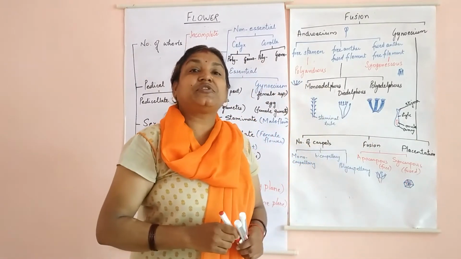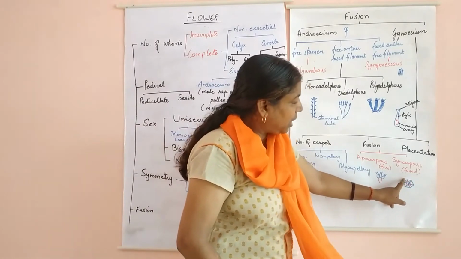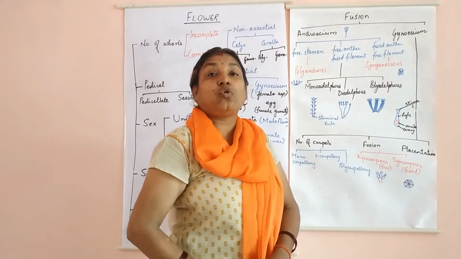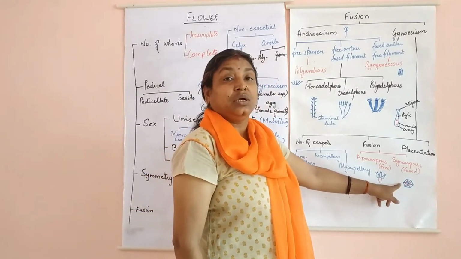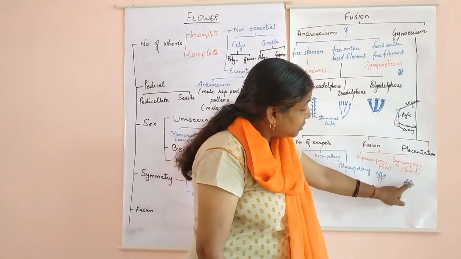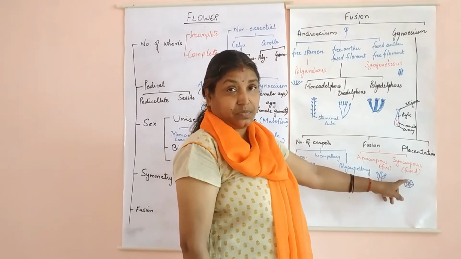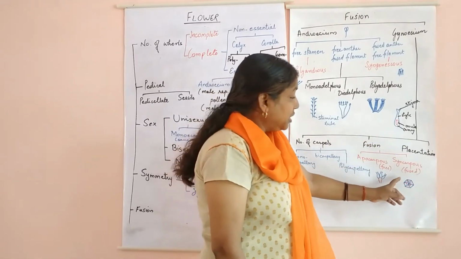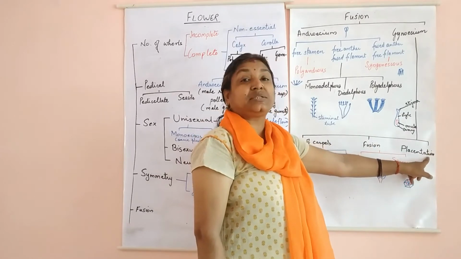In lady's finger, the number of compartments that you see is the number of ovaries, and the red dots that you see are the ovules, the seeds. How they are arranged inside the fruit tells you about the placentation.